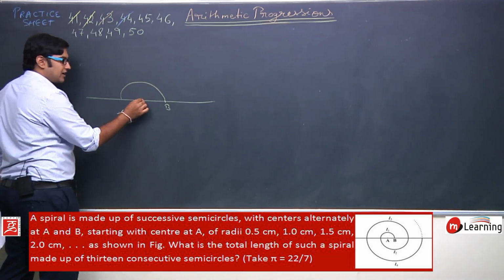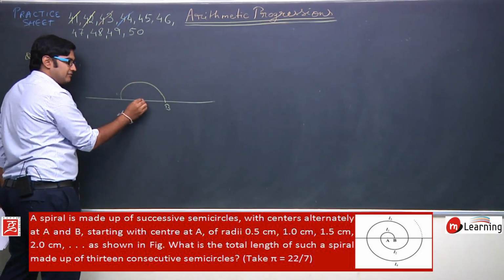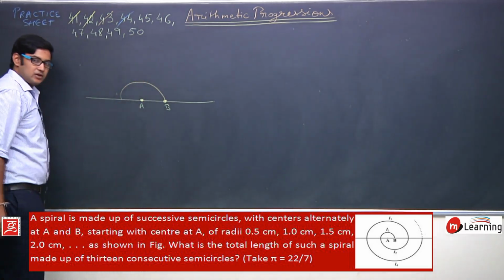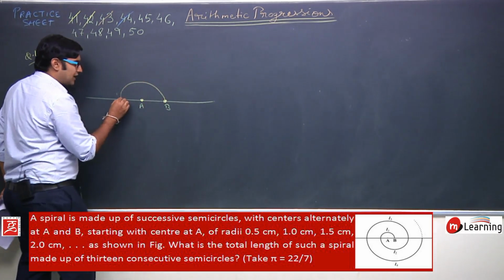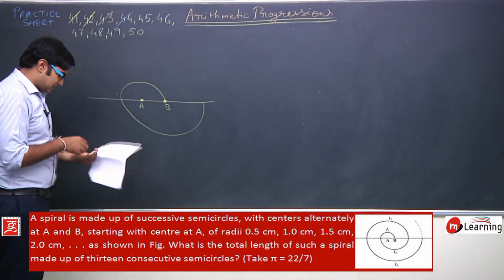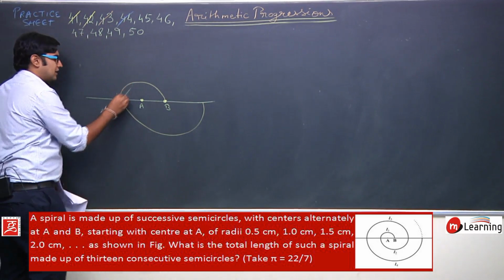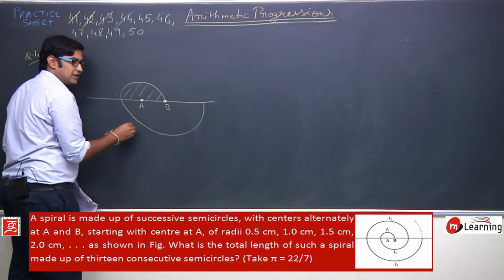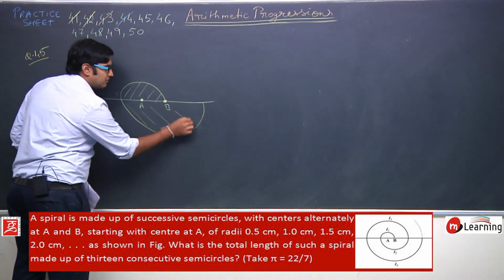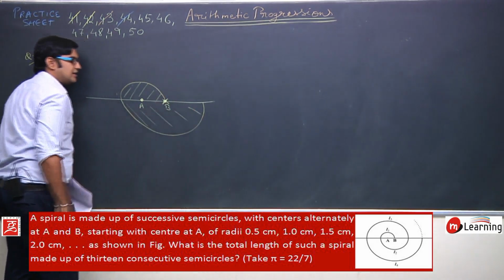After I have drawn a semicircle like this with A as a center, now I will take B as the center. Using B, I will draw another semicircle like this. So what you can see is for this smaller semicircle, A is the center, and for this bigger semicircle, B is the center.